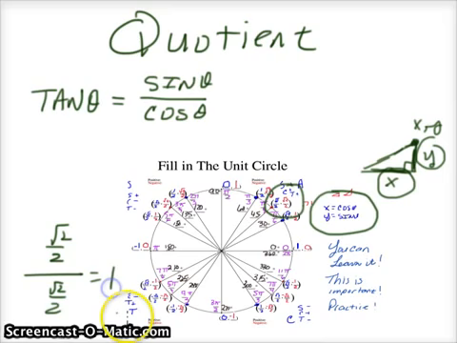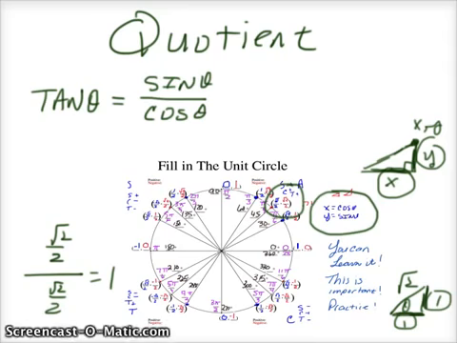That's where we get the 1 from. Let's verify that. That's also true if you had a 45, 45, 90 triangle. And this is theta, so the tangent would be opposite over adjacent. So this is the first quotient identity, and then we could do a cotangent.